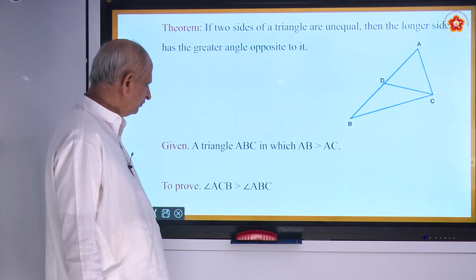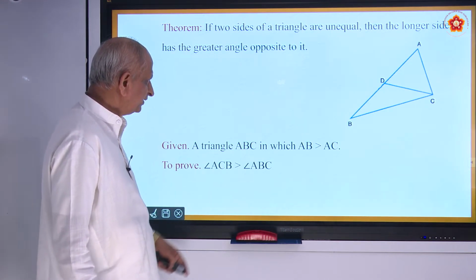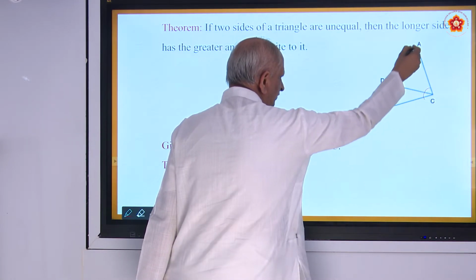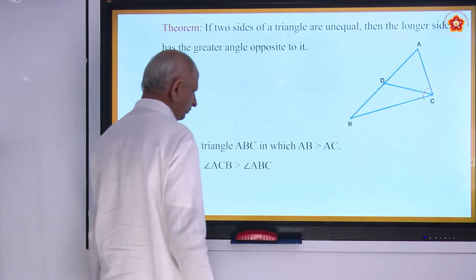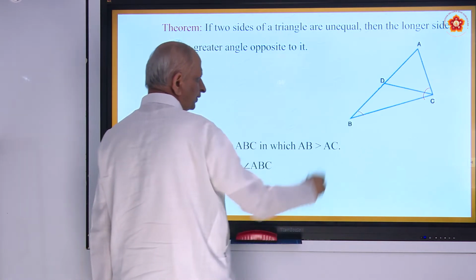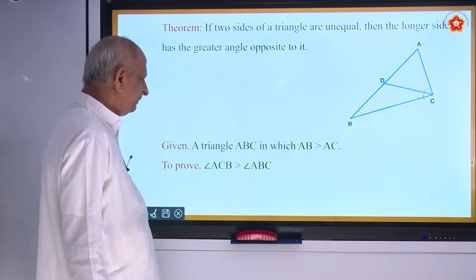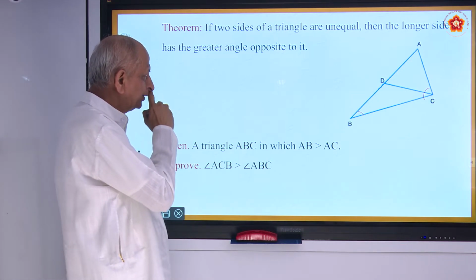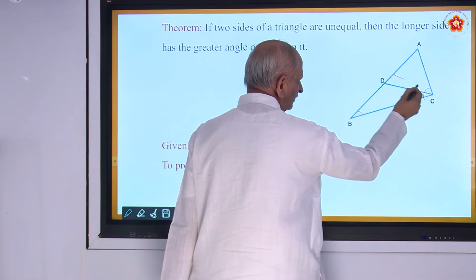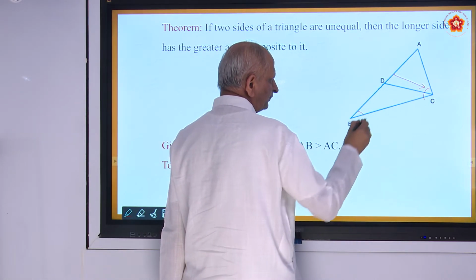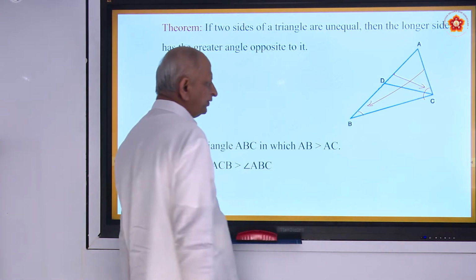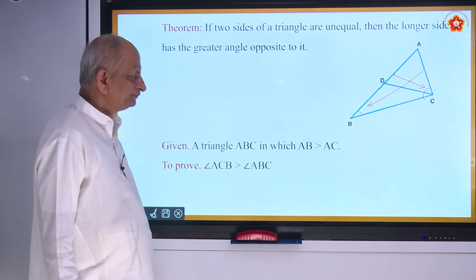So, what do you have to prove? You have to prove that angle C, opposite to this AB, is more than angle B. So, the angle opposite to the greater side is more than the angle opposite to the smaller side.